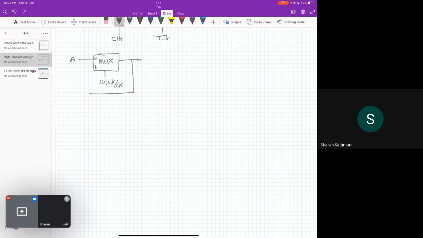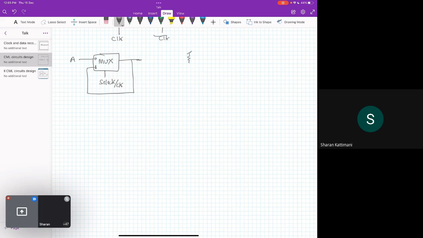Okay, so you will connect output to the 1. Okay, so this is the logic of CML latch. So how to now design it?